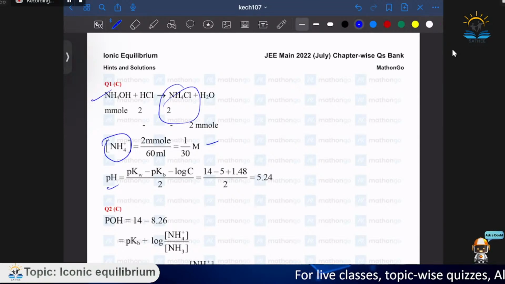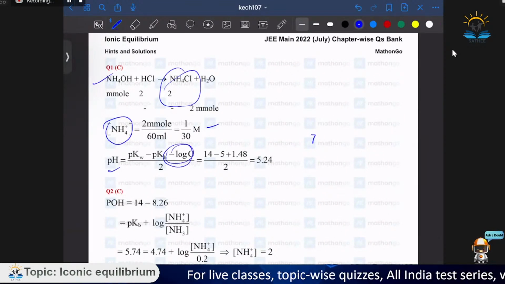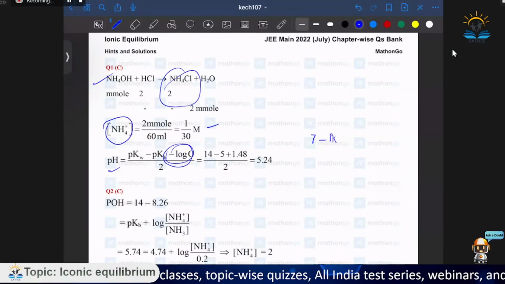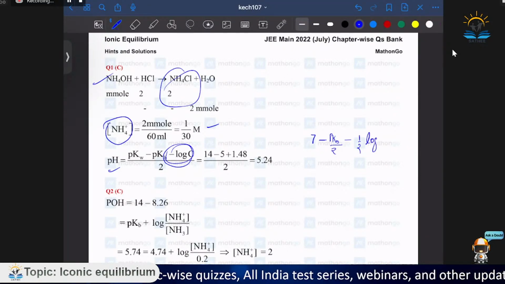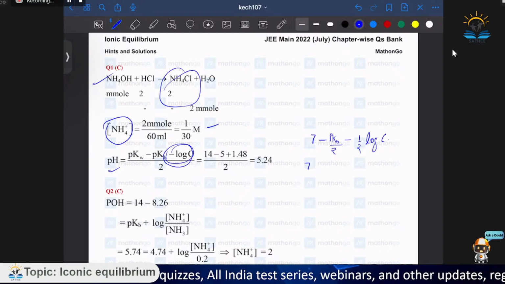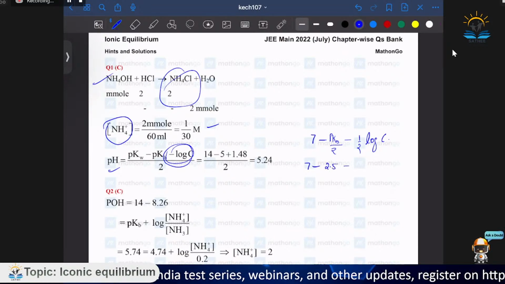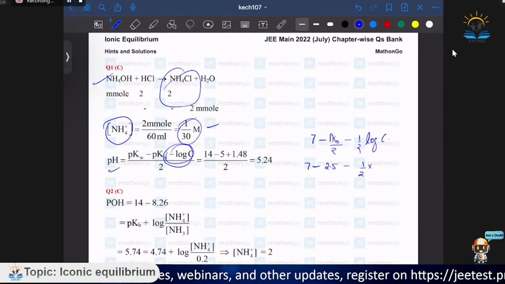For pH they have applied 7. I just forgot one small term, minus half log C. So pH is 7 minus pKb by 2 minus 1 by 2 log C. So 7 minus 2.5 minus 1 by 2 into the log of C, which they have found out as 1 by 30.